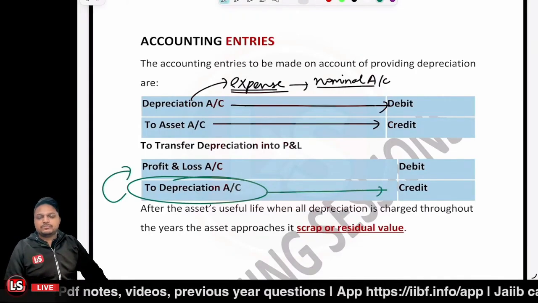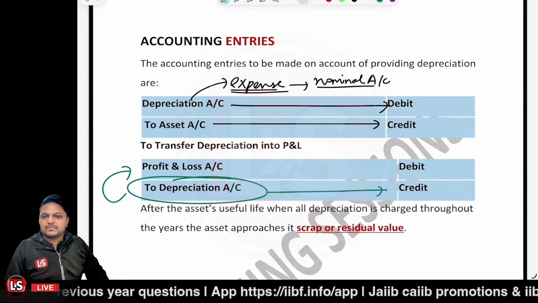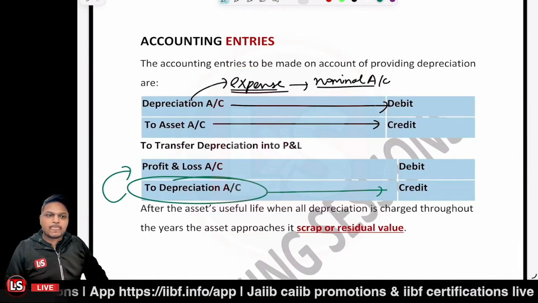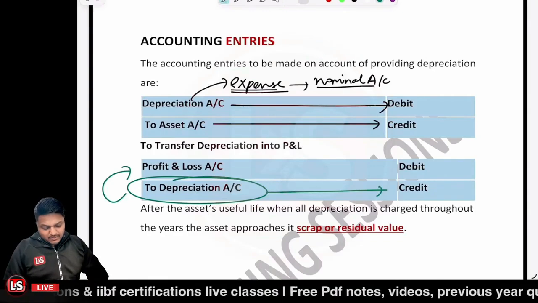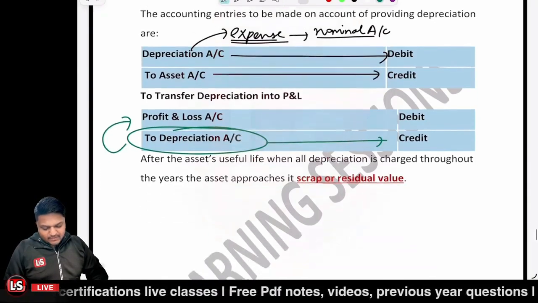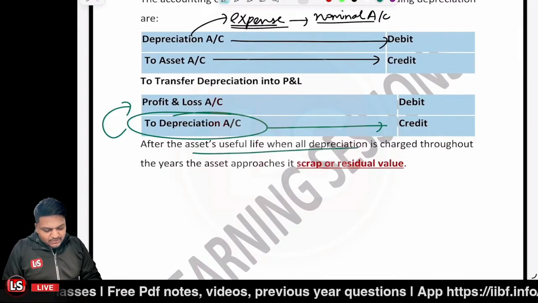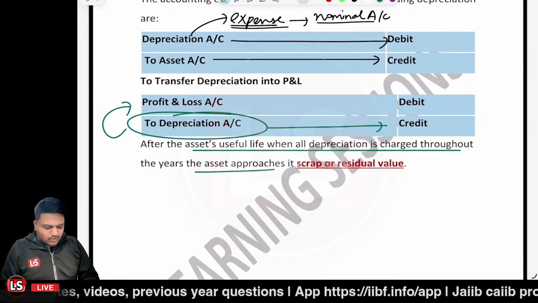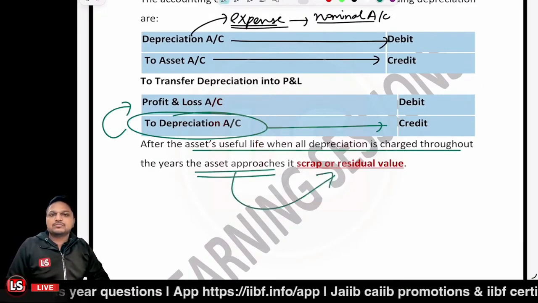Is that clear to you so far? Please confirm, right? So this is how the accounting entries are to be passed. And after the asset's useful life, when all the depreciation is charged, the asset account will be approaching the residual value, right?